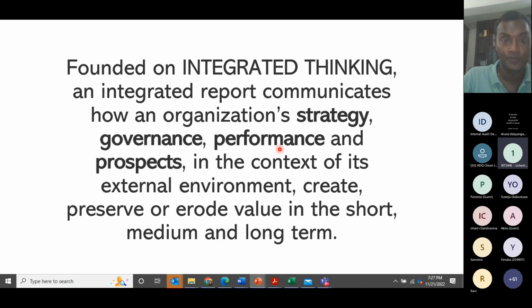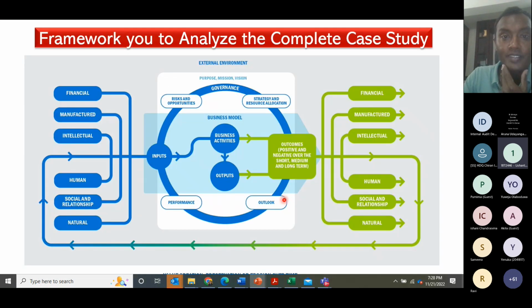Possible exam question, right? The prospects is how the future looks like. A lot of risk with the current economic crisis. In that context, in the external environment, in Sri Lanka's economic condition and global challenges, how do they create value, right? Or are they going to erode value after acquiring that power plant in the short run, medium to long run? Now you will see what I said.